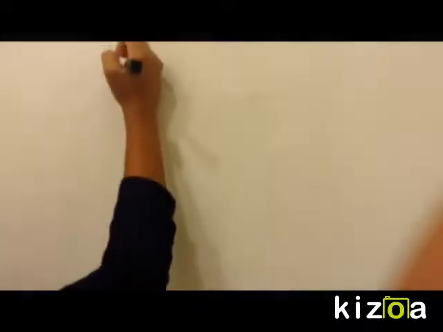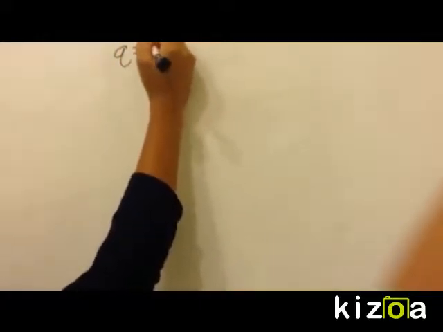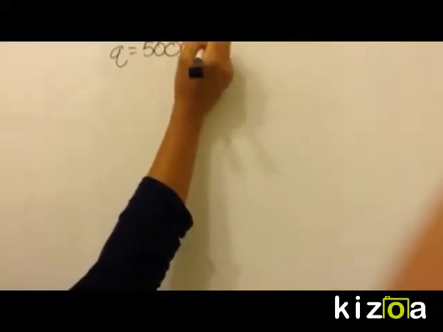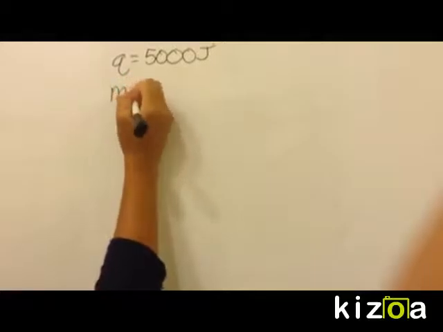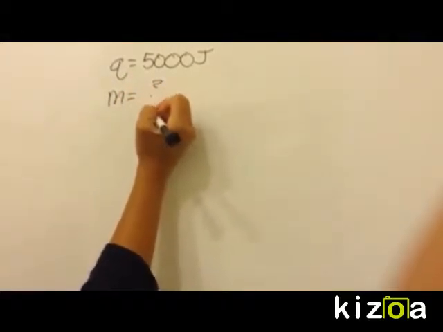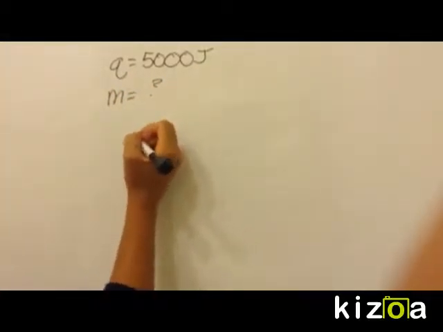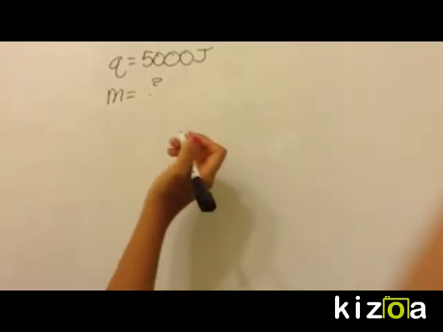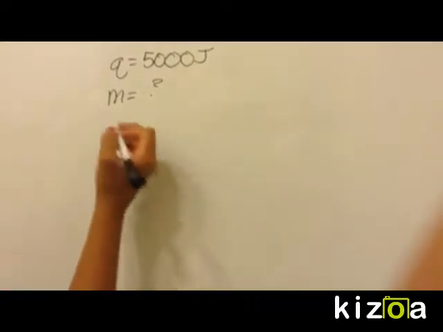That was in the previous image that you saw, which was the word problem, in which Q equals 5,000 joules. M is unknown because we're solving for it, and the word problem doesn't state the M or the mass.